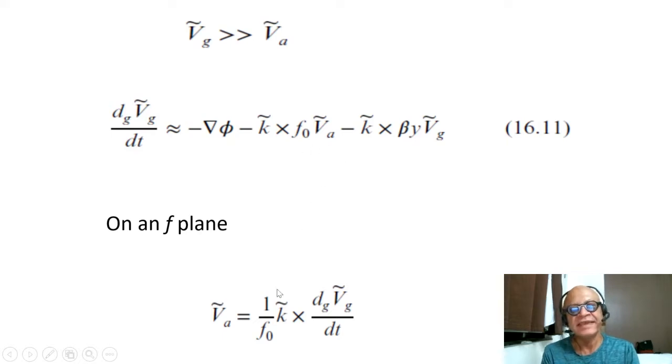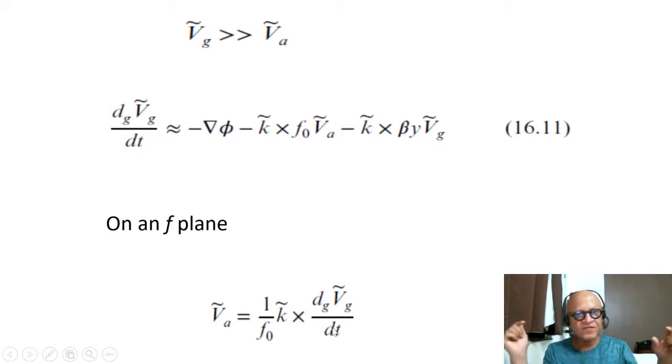This term goes to 0, this goes to 0, so we are just going to balance the ageostrophic component with the acceleration of the geostrophic component. So then V tilde A geostrophic is given by 1 over F0 K tilde cross dg V tilde G dt.